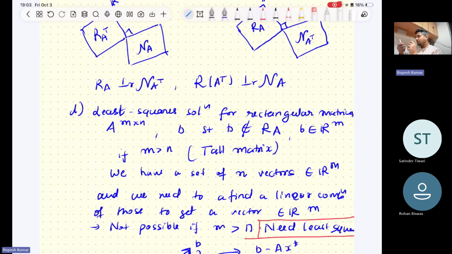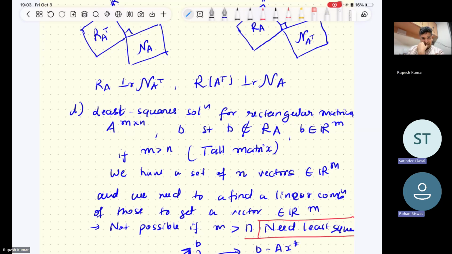There is a possibility that these n vectors will form a plane, and if the vector lies in this plane, then you will have a solution. But if it is outside the plane, then you don't have a solution, zero solutions, because it is not in the plane. Then for that case, you have to take the projection. Is this clear for tall matrices?